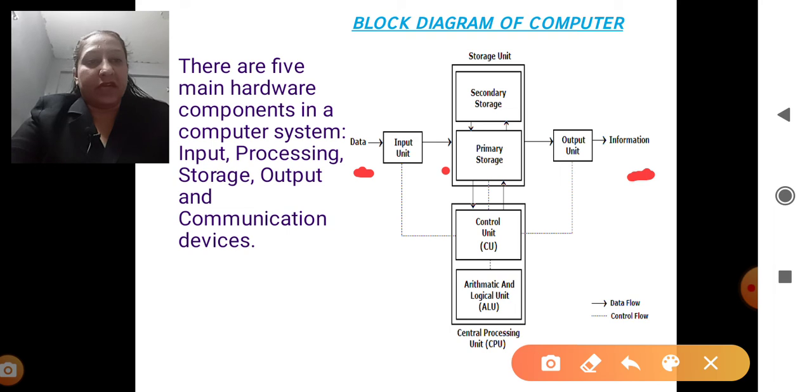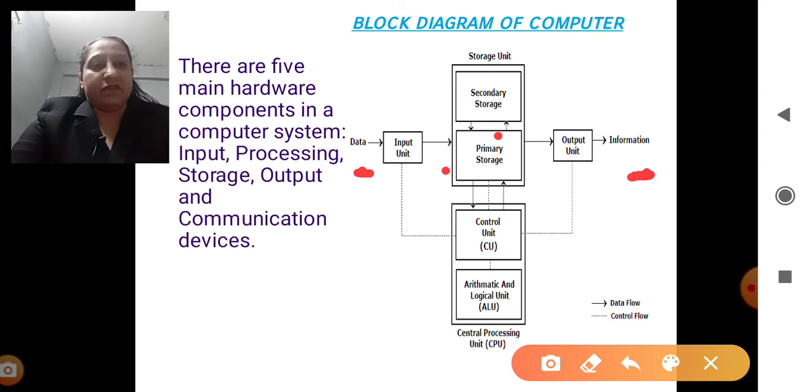Now somewhere over here in the diagram you will see there are single unidirectional arrow signs. See this one, from input to primary storage the arrow sign is unidirectional, whereas from secondary storage to primary storage it is bidirectional, which means from secondary storage to primary it is coming and back from primary to secondary also it is coming.